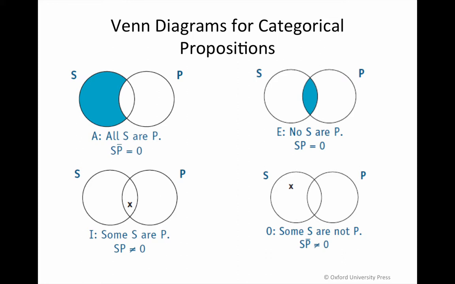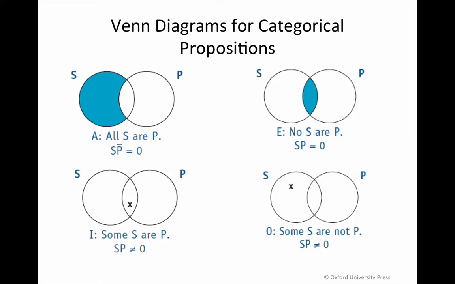Now that we've got our placement, the shading, the blue, represents emptiness. In other words, that's not really the best language to use, but the shading tells us that there isn't anything here, there can't be anything here. So you want to think of the shading as saying, if there are any S's, they'd all be dumped into the P class.